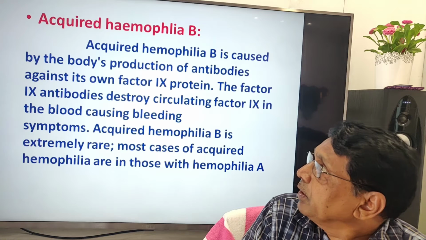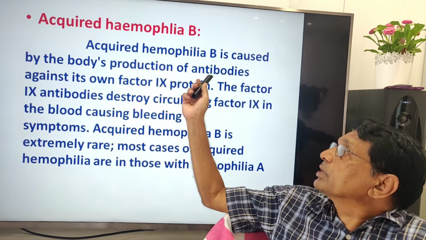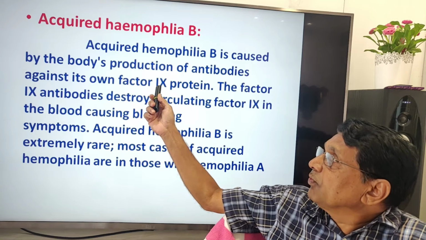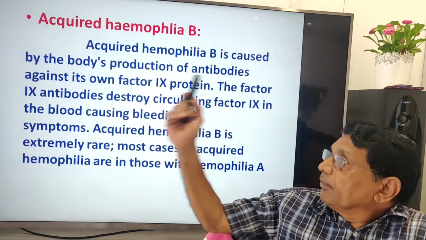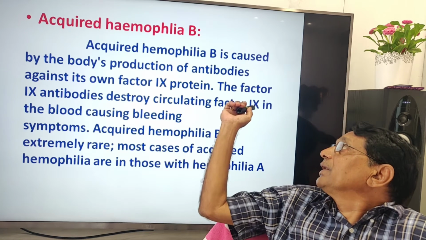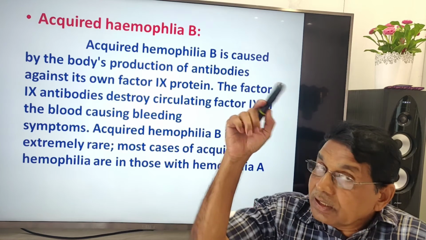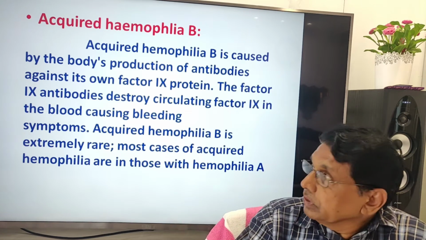Then acquired Haemophilia B is caused by the body's production of antibodies against its own factor IX. The factor IX antibodies destroy the circulating ninth factor. There, the eighth factor is destroyed, here the ninth factor.